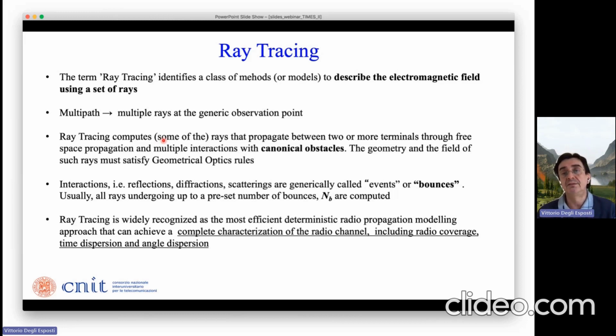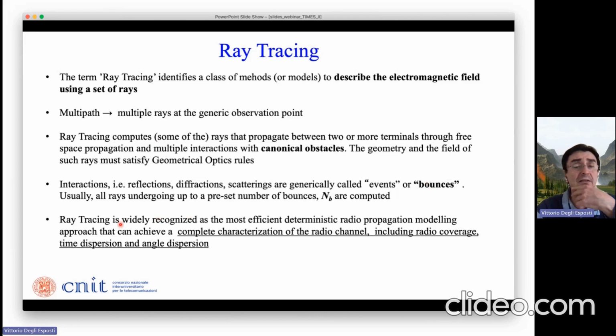The geometry and the field of the ray must satisfy geometrical optics. The interactions, reflections, diffraction, scatterings, are generically called events or bounces, and usually the algorithm finds all the rays that undergo up to a preset number of bounces, NB.